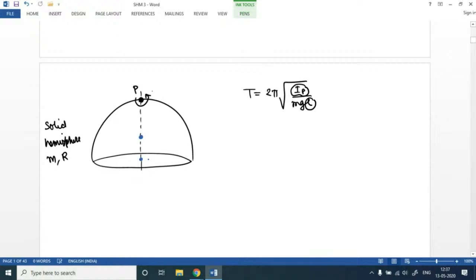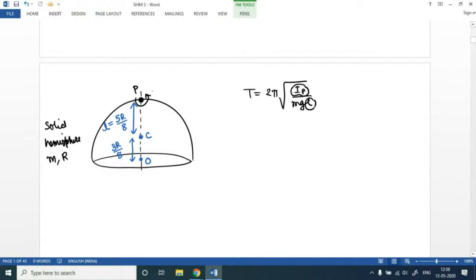Let's say this is O, and this is the center of mass, and this point is P. So this distance is nothing but 3r by 8. So this distance would be 5r by 8 clearly, and that basically is L, because that is the distance between C and P.